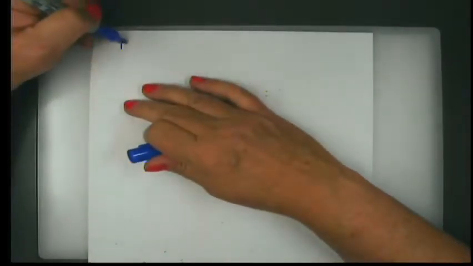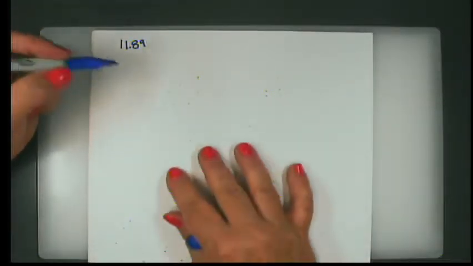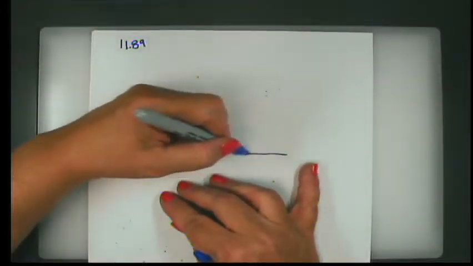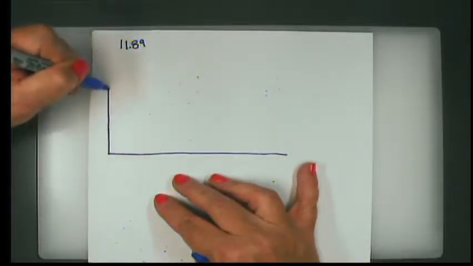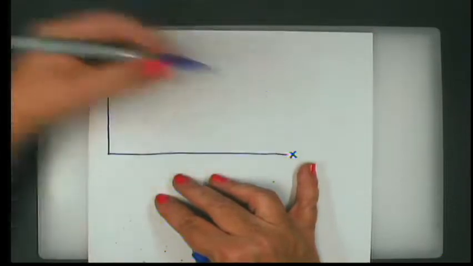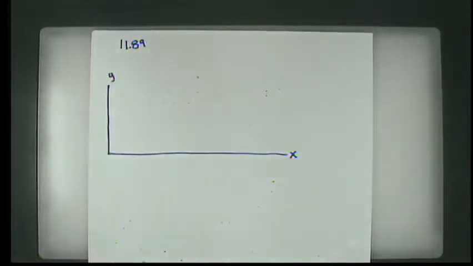So to show you that idea, I wanted to do problem 1189, which is a pretty good projectile motion problem. All right. So we have a guy standing here nicely on a field, broken out into the x and y coordinates.